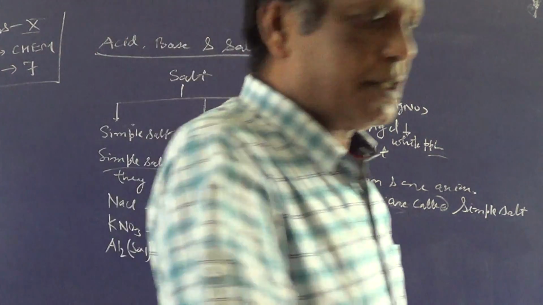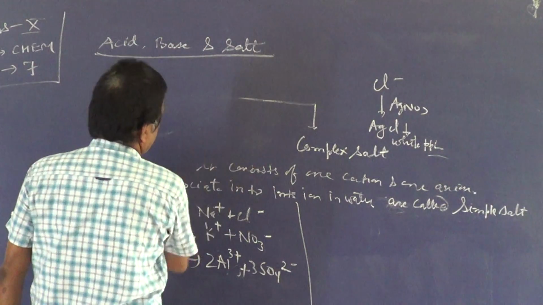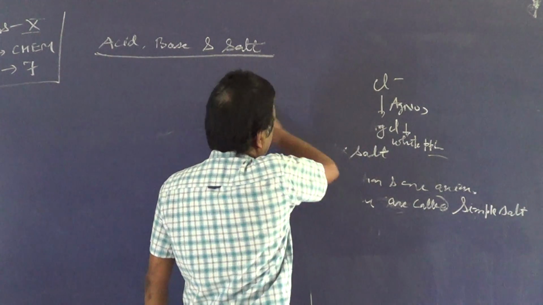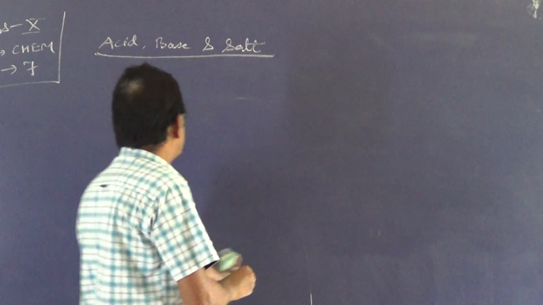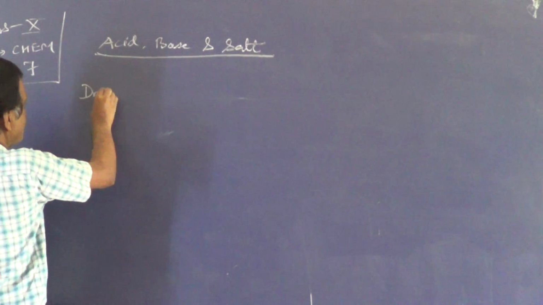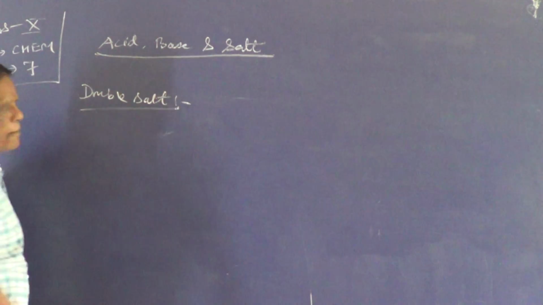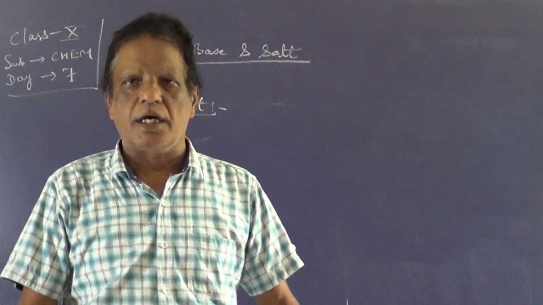Now come to the double salt. What is double salt? Double salts are formed by the combination of two simple salts in a stoichiometric ratio.